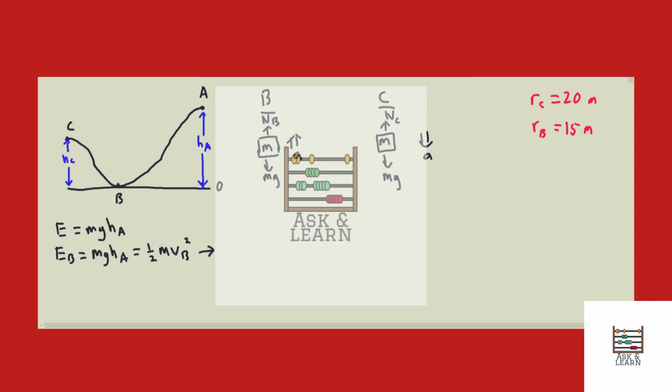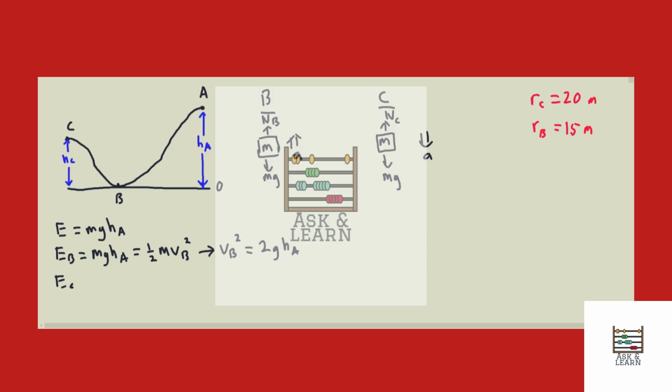With that, we can deduce what the velocity at point B will be. It will be easier to write it in terms of velocity squared. And so VB squared will be equal to 2g times that height HA.